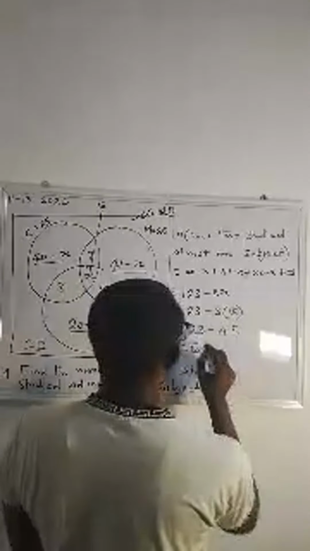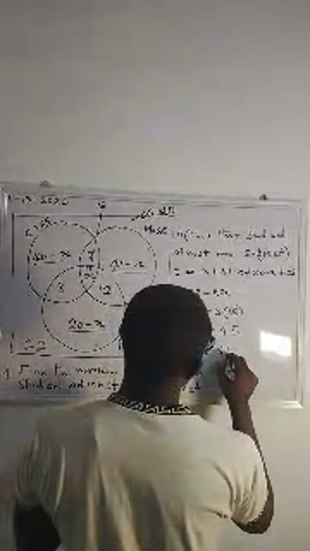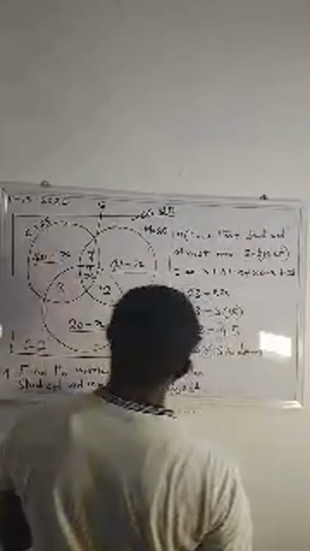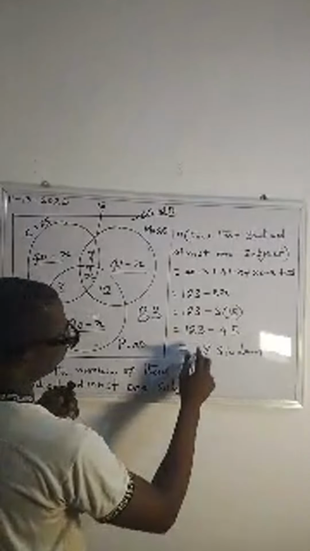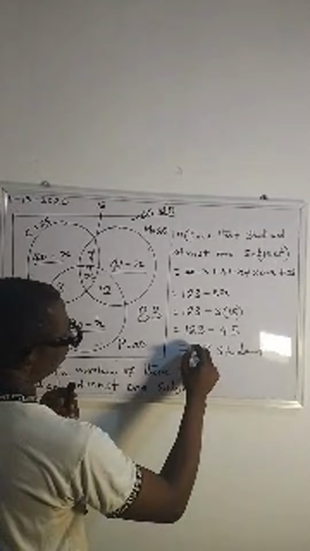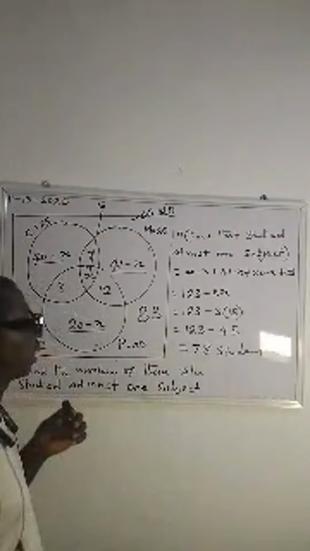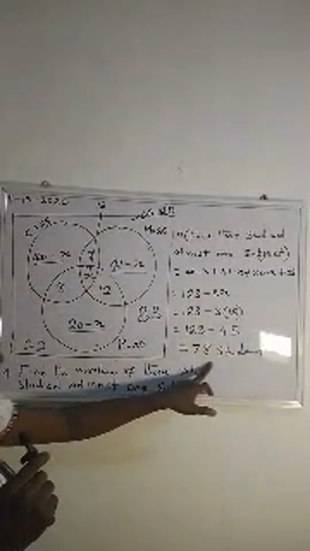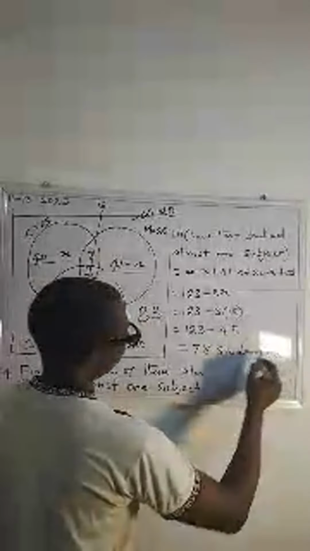That will be 68. Okay, is it 68 or 78? So that's 78, because we are adding 5 to that. So that is 78 students. 78 students.